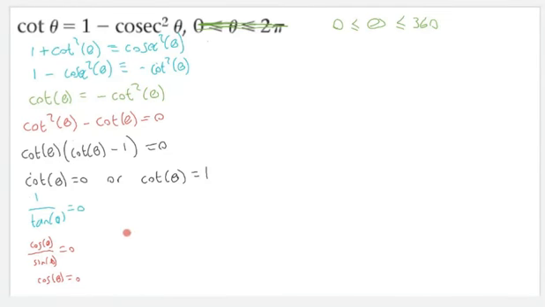But the problem is, given that cos theta equals 0, and this is 1 over tan theta, this would give us that theta is equal to 90 degrees.